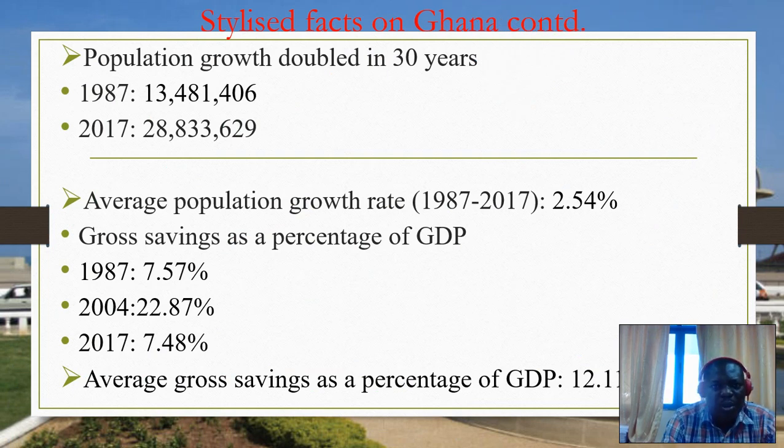Again, population growth over a period of 30 years from 1987 to 2017 indicates an overall 2.54% growth in population. And gross saving as a percentage of GDP also indicates that over that period from 1987 to 2017, the average gross saving as a percentage of GDP was 12.11%.